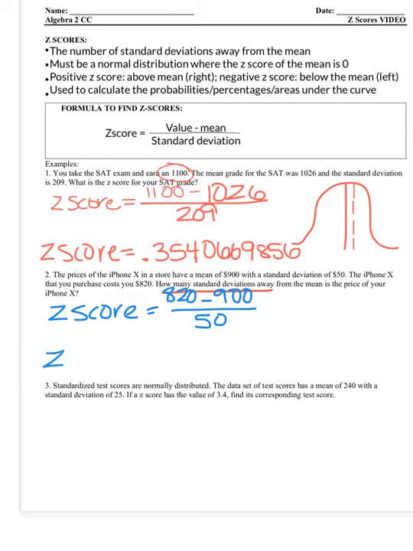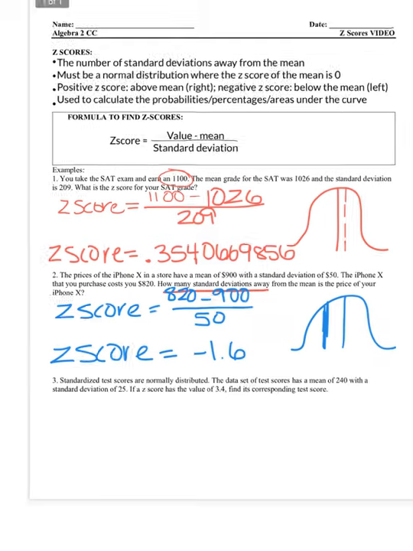When you plug that into your calculator, 820 minus 900 divided by 50, you should get negative 1.6 standard deviations away. So again, if this is your curve, this is your average or your mean, you're somewhere over here to the left. Negative 1.6 standard deviations away.